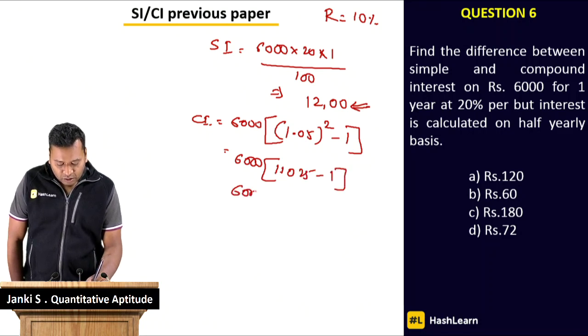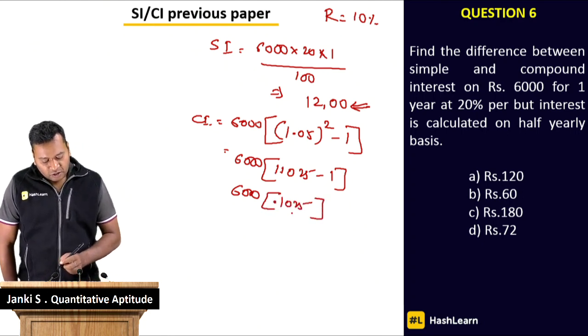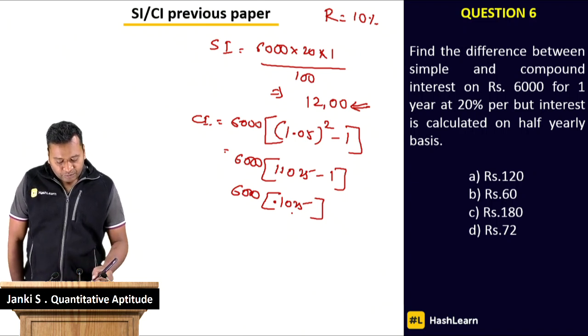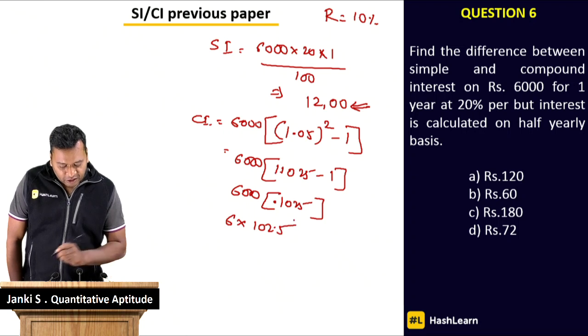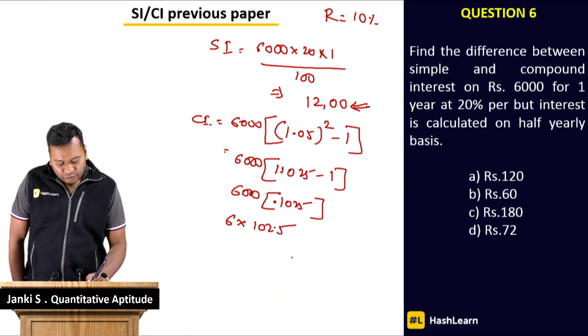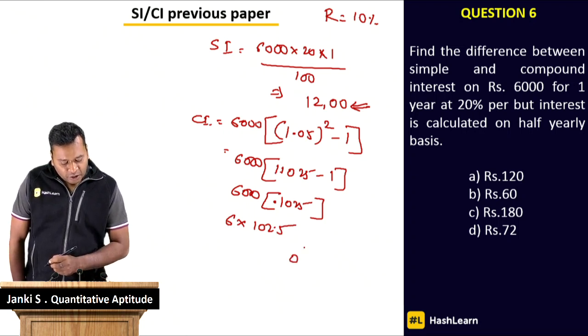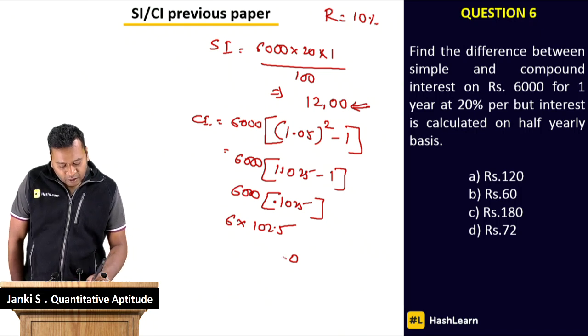So it's about 6,000 into 0.1025, which can be written as 6 into 102.5. Let's multiply this value. 6 into 5 is equal to 30. 6 into 2 is equal to 12, plus 3 is 15, right?